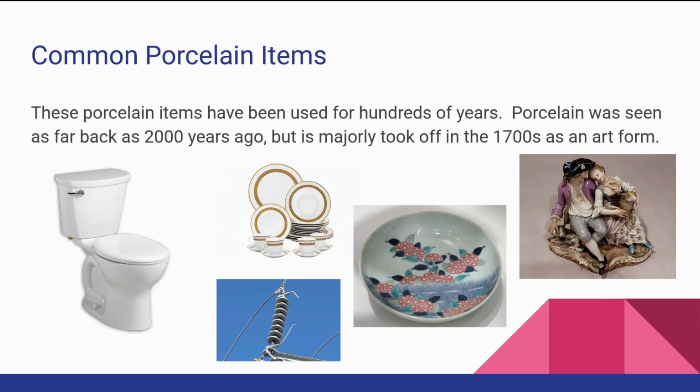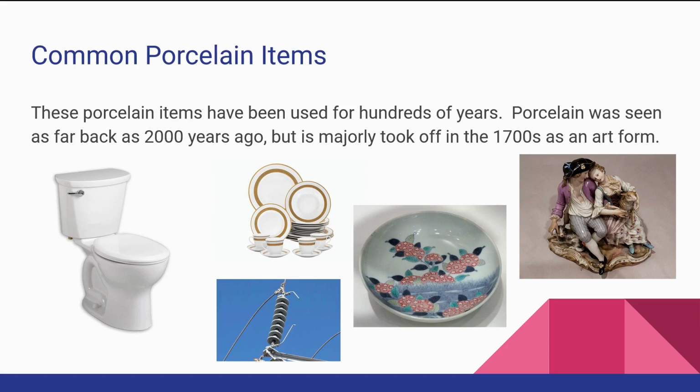Some common porcelain items. These porcelain items have been used for hundreds of years. Porcelain was seen as far back as 2,000 years ago, but it majorly took off in the 1700s as an art form.